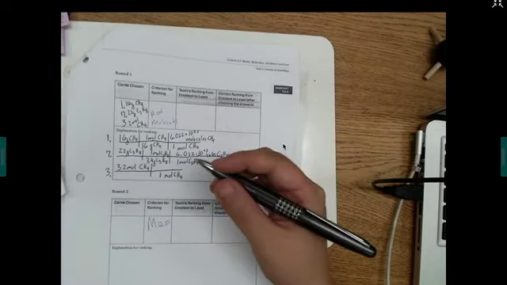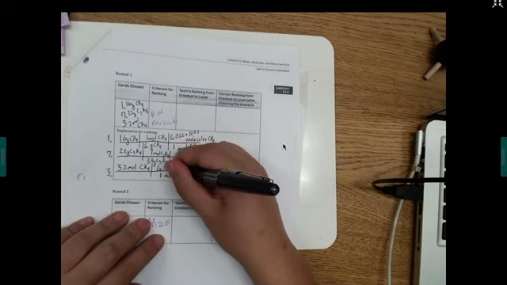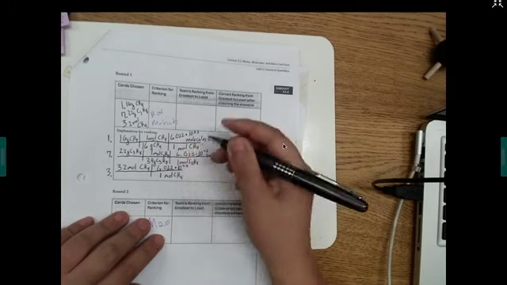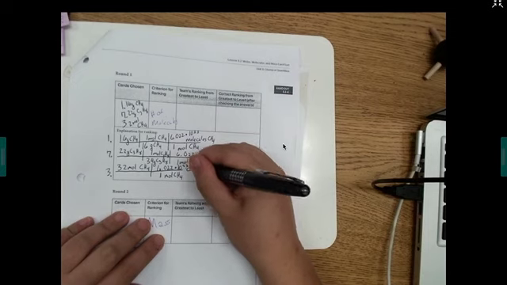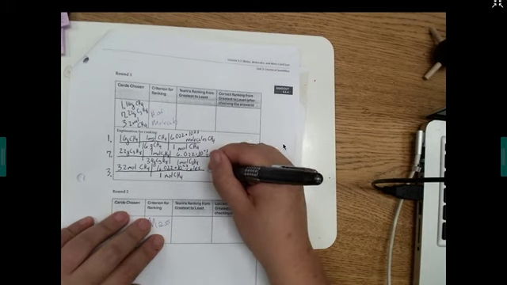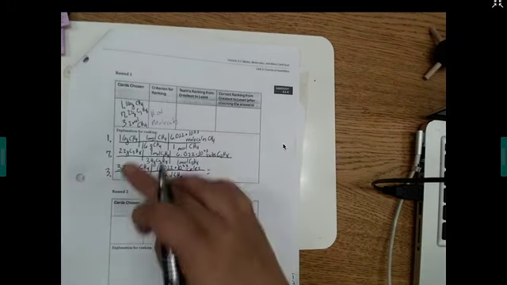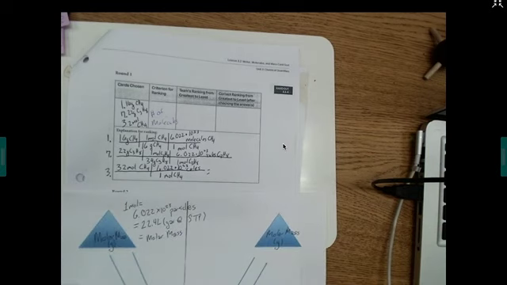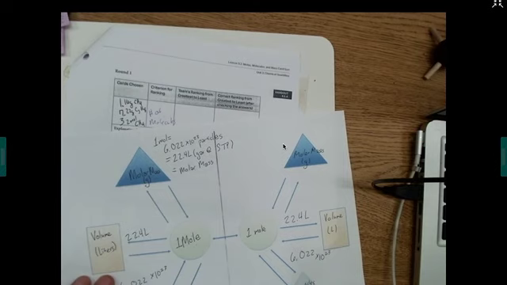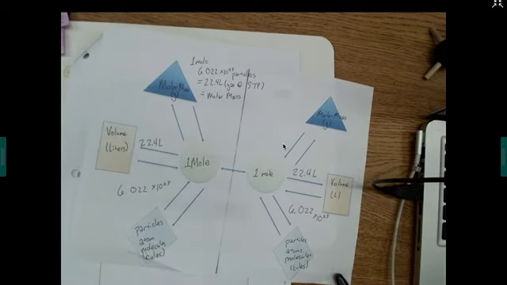Okay, so particle is going to be 6.022 times 10 to the 23rd molecules. So again, if you start with something that's not mole and end with something that's not mole, you have to go through mole first. If you're starting with mole or ending with mole, you can stop there. Okay?